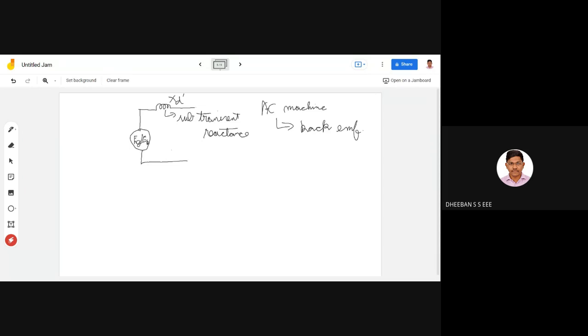Our ultimate aim is to measure the current caused by the fault. Whenever the short circuit occurs, you already know that the current flow increases heavily. So in order to measure such current, you have to add a subtransient reactance. You might ask whether adding a reactance affects the model or the nature of the system.